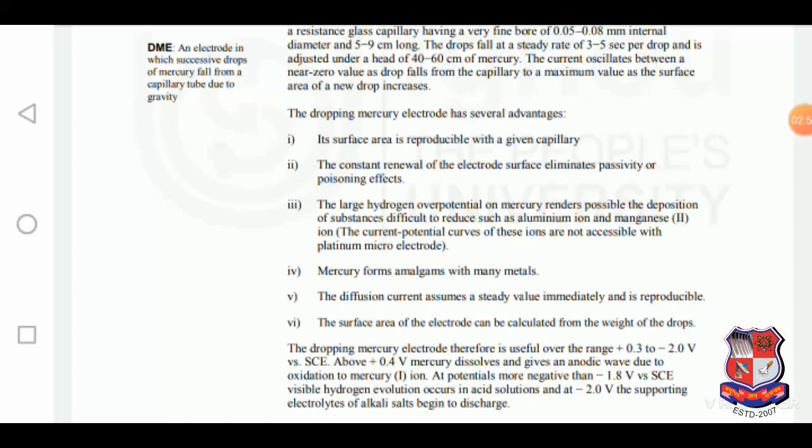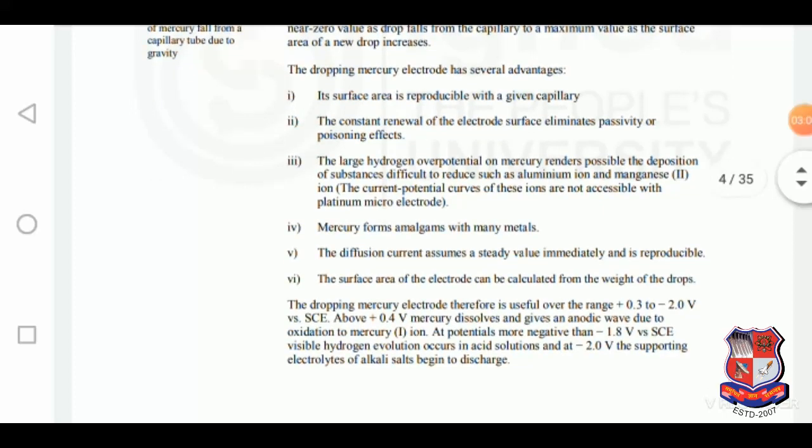Its surface is reproducible with a given capillary. The constant renewal of the electrode surface eliminates passivity or poisoning effects. The large hydrogen overpotential on mercury makes possible the deposition of substances difficult to reduce, such as aluminum ion or manganese 2 ion.